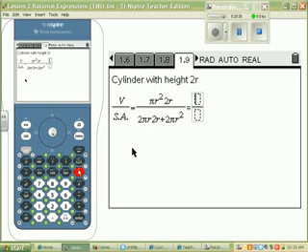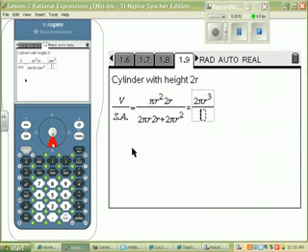R squared. What's r squared times r? R cubed. So what you're going to put here is 2 pi r cubed. You guys remember how to put in a higher exponent? Caret, good. 2 pi r cubed, good.